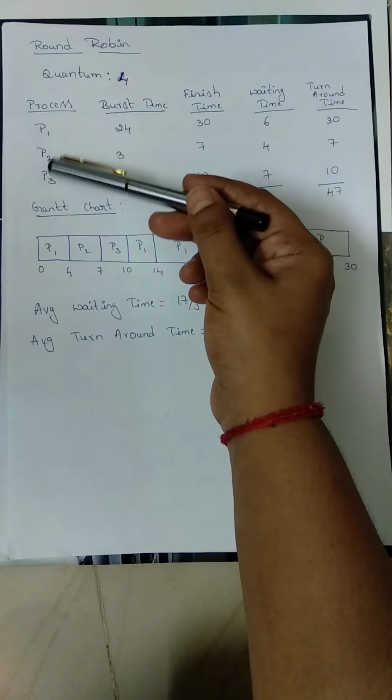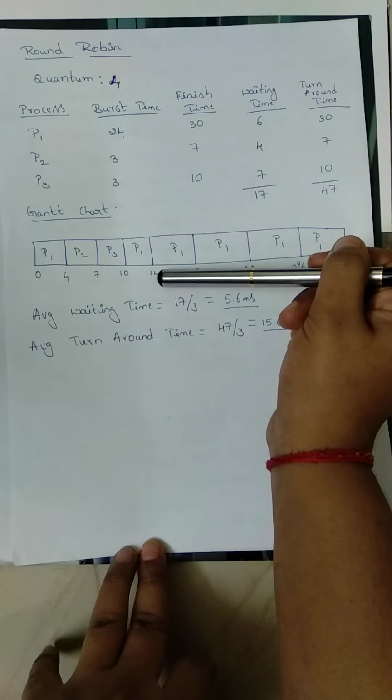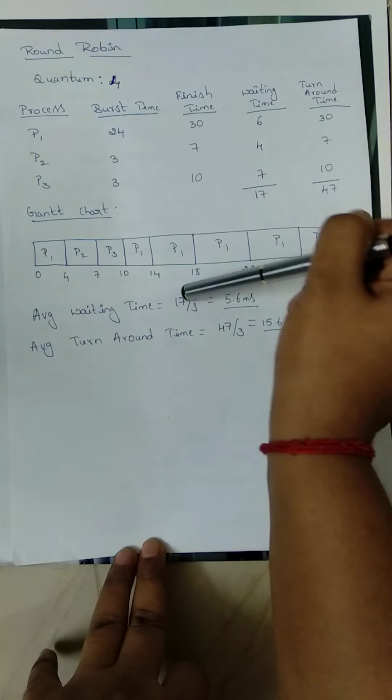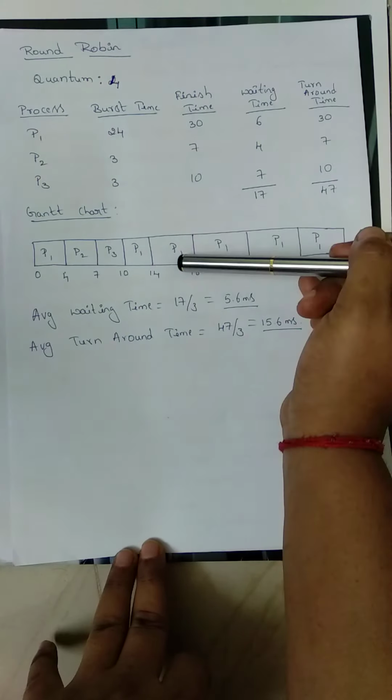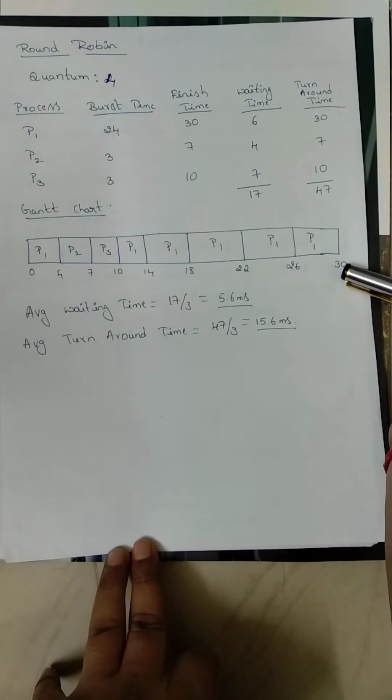P1 is assigned again and executes for 4 units of time, is preempted, and is assigned again, repeating this until, when t becomes 30, P1 completes its execution.